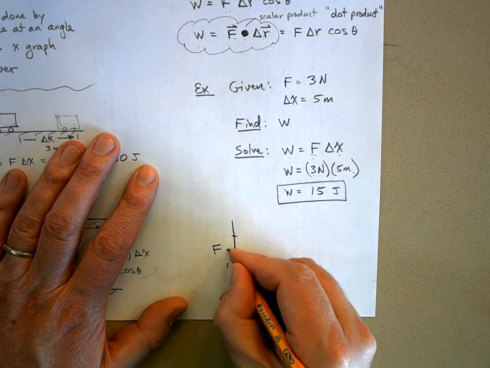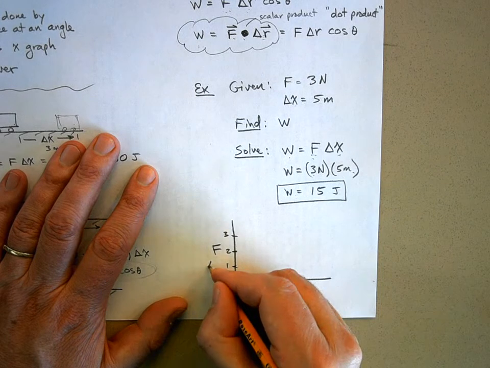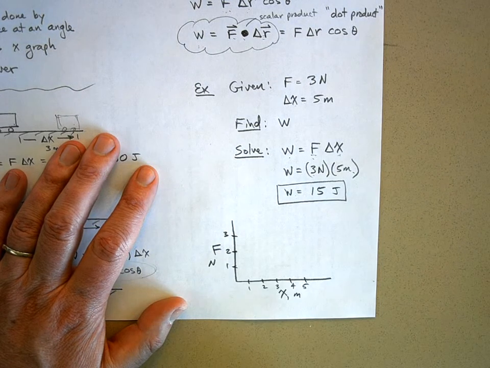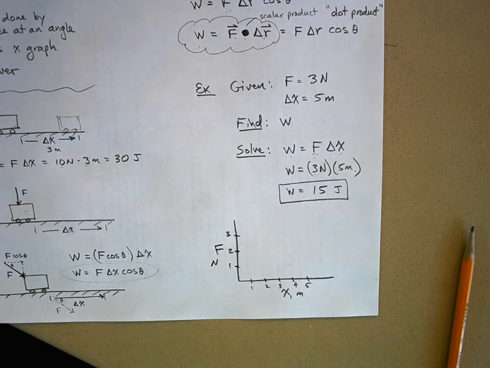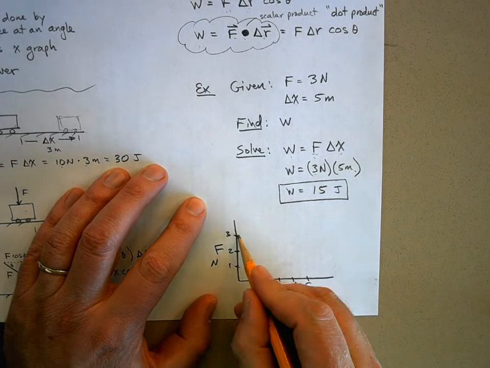This is force in newtons. Now, what's true about the force as we move? The force was constant. It was 3 newtons the whole way, all the way across here.